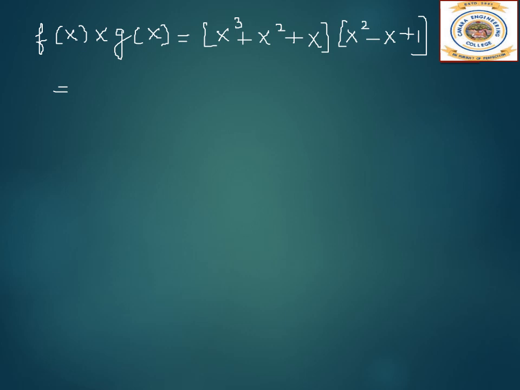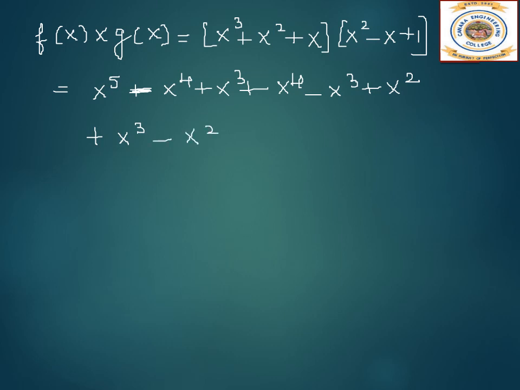So x cube into x square is x to the power 5, sorry, it is minus here, minus x to the power 4 plus x cube. Next we start with x square: x to the power 4 minus x cube plus x square. Then multiply with x, so it will be plus x cube minus x square plus x.